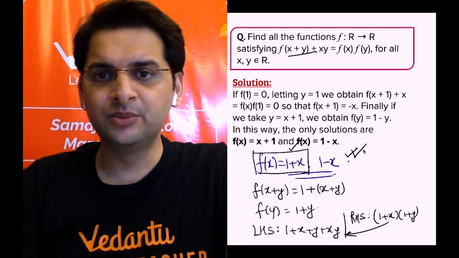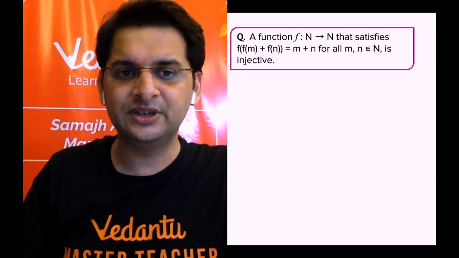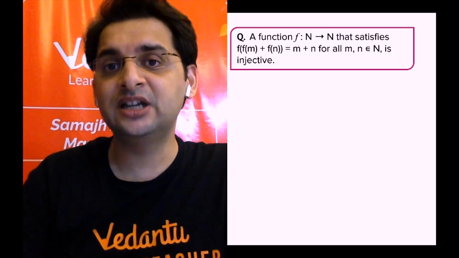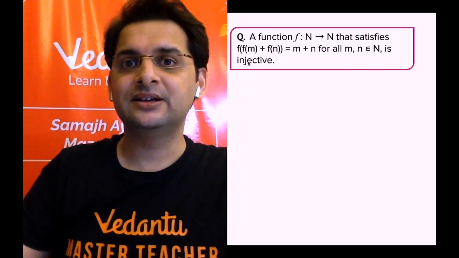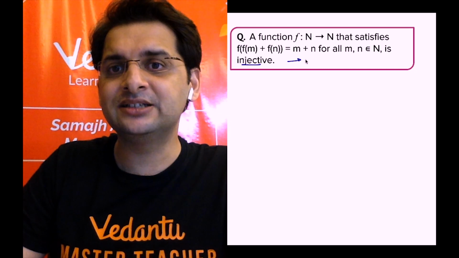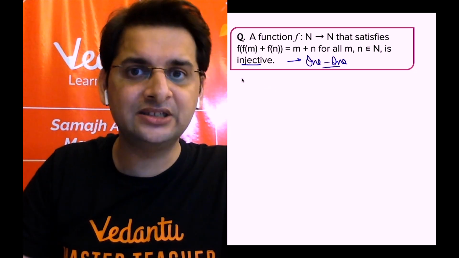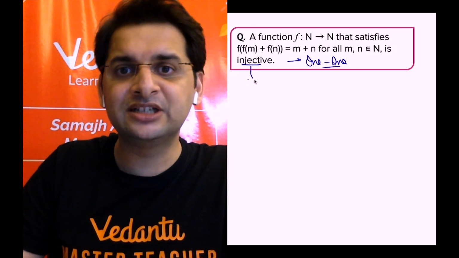All right, so moving further, and this gets interesting now. Now we are using the concept of functional equation to prove something else. This is a function called injective. Injective is essentially a 1-1 function. Those who know about injective functions also know how this is proved.